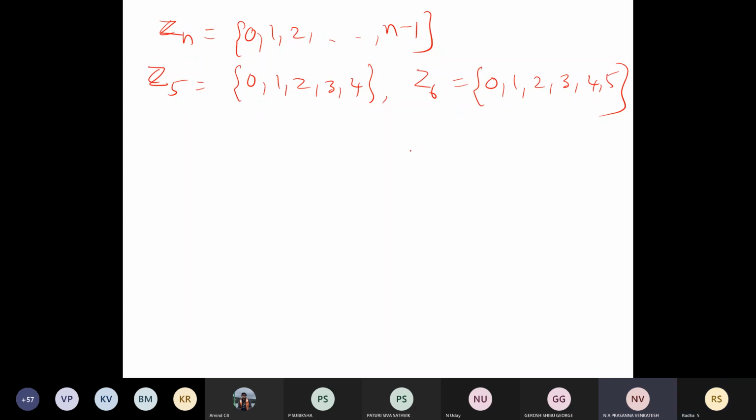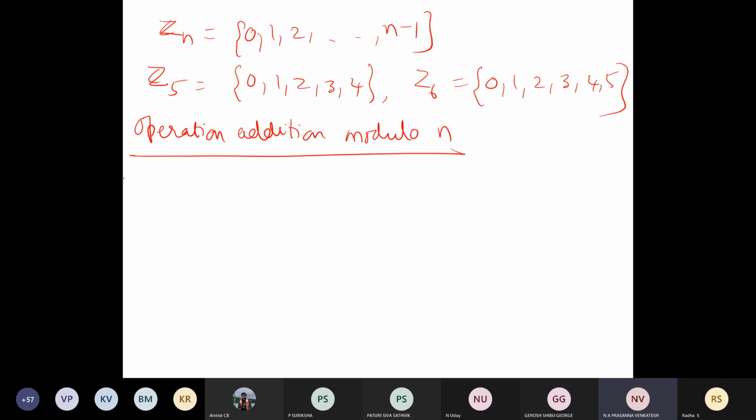Now I want to introduce an operation, addition modulo n.